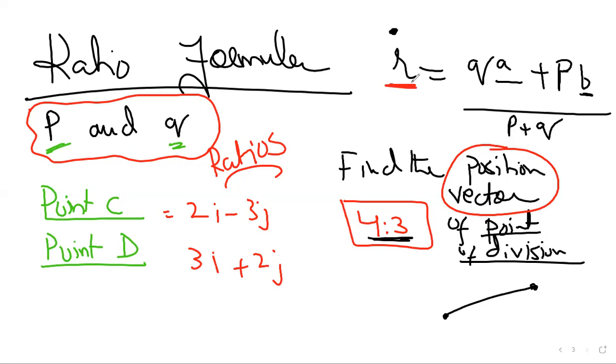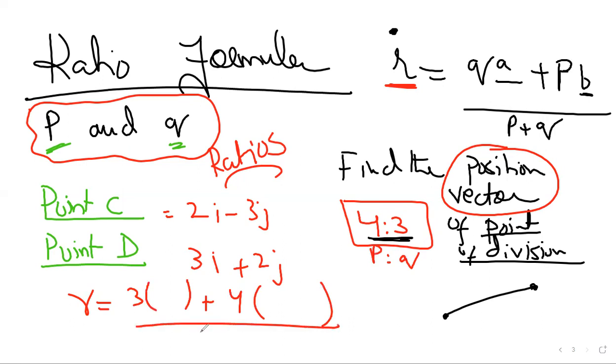What will you do actually? Firstly, R is equal to... this is your P, and this is your Q. Q is 3 and P is 4. Make a format; it will be comparatively easy for you.